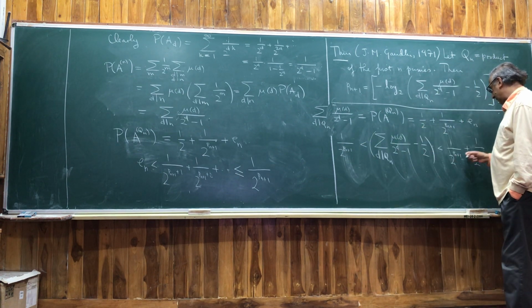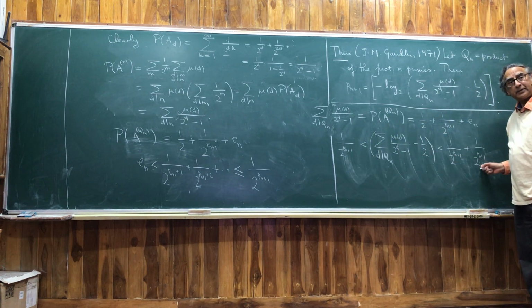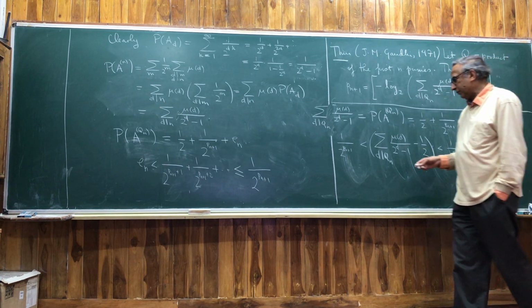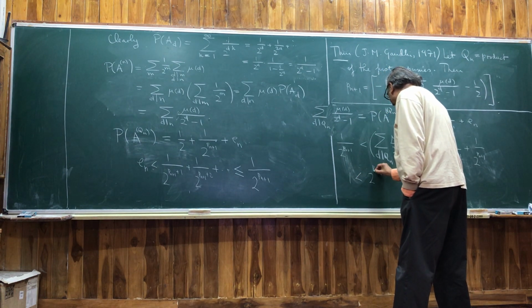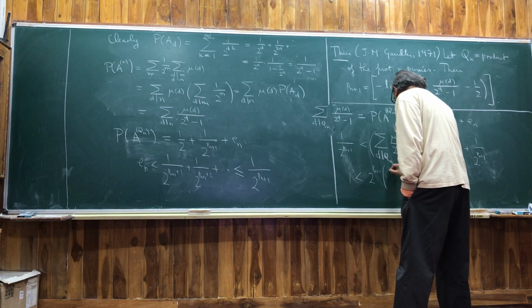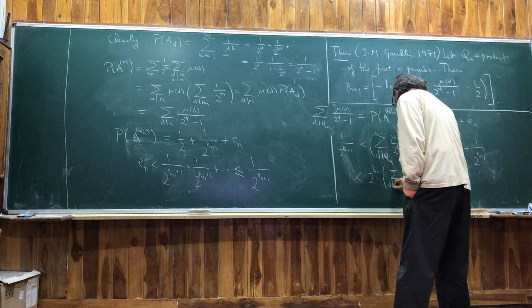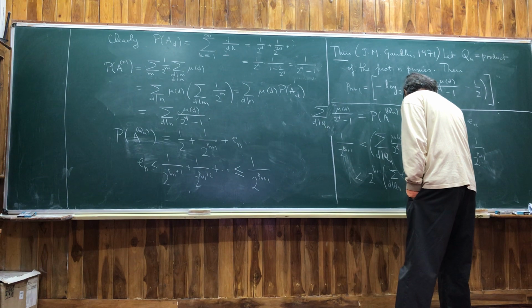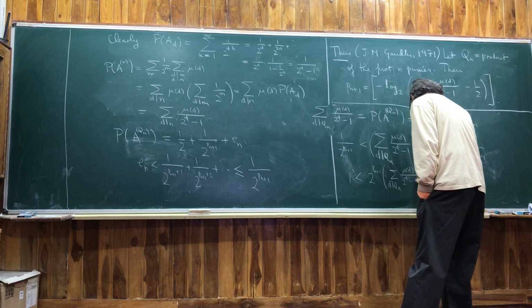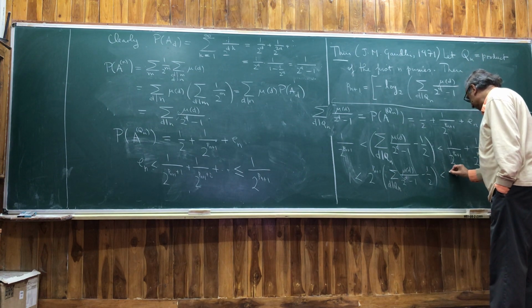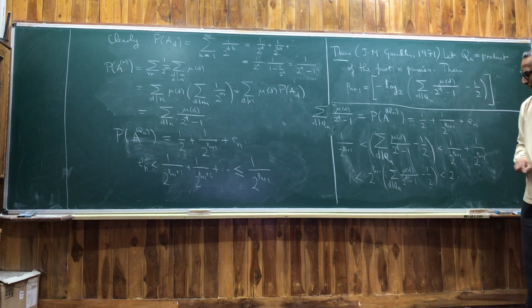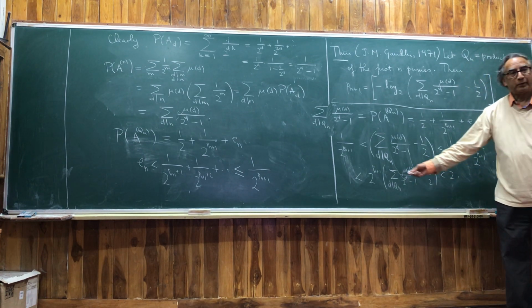And this plus stuff is bounded by 1 over 2 to the p sub n. Now I multiply through by 2 to the p sub n plus 1, like so, and see that this silly thing is between 1 and 2.